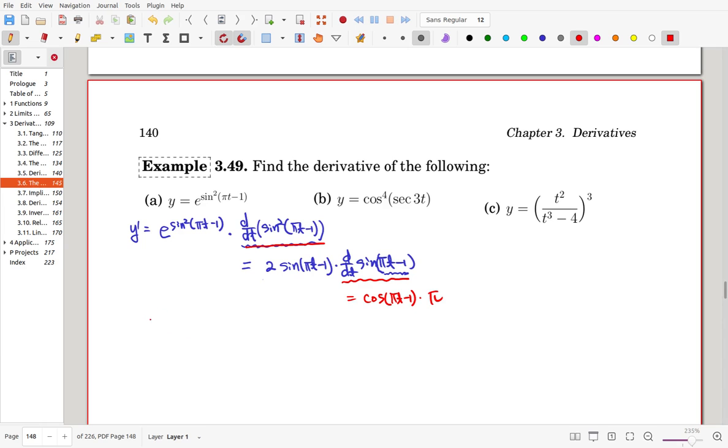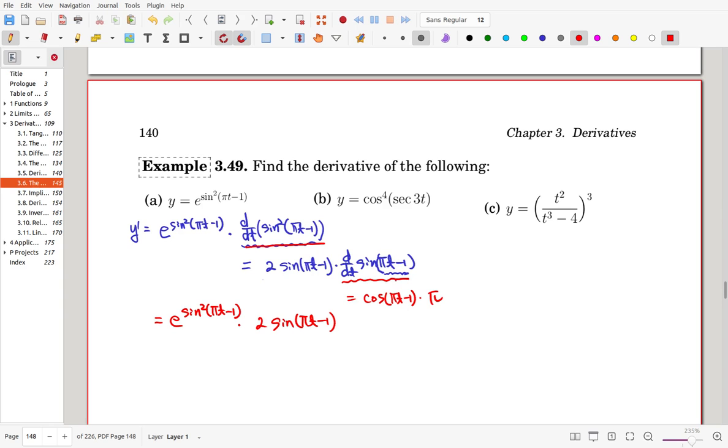Of course, we can finalize the answer in this way. Start with e to the sine squared of pi t minus 1. Now, that term is the same as this one, so twice sine of pi t minus 1.